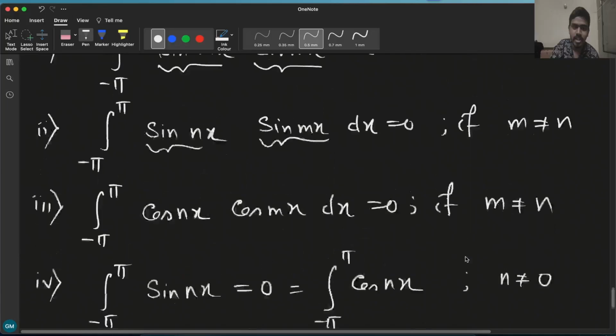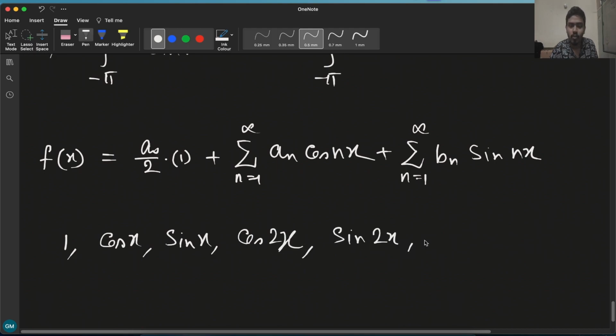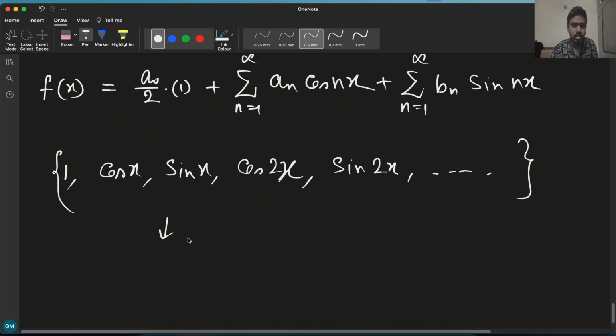That's how we can expand any function. Here, what we have shown is that 1, cos nx and sin nx, for different values of n, are orthogonal. So 1, cos x, sin x, cos 2x, sin 2x, and so on, are orthogonal to each other.